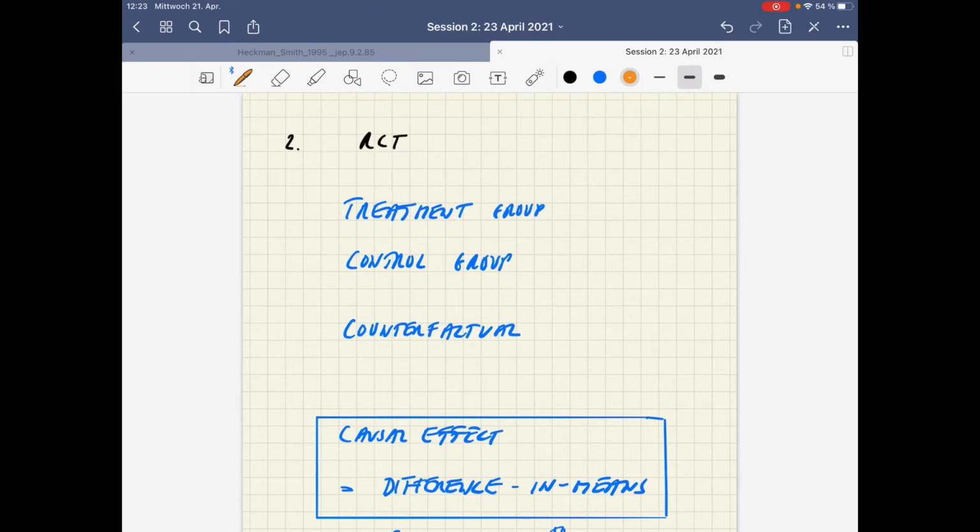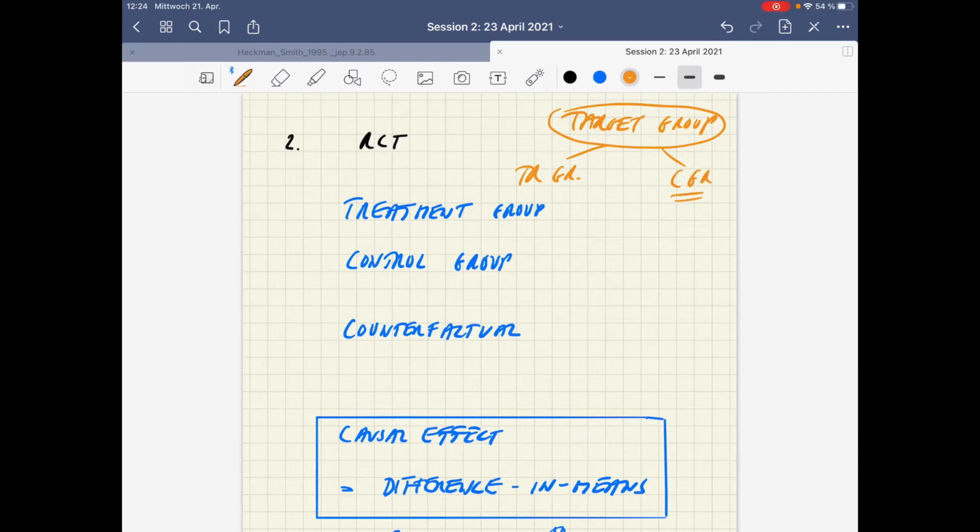So if you look at a randomized controlled trial, RCT, we have a target group that has potential access to a program, and what we do by randomizing and flipping a coin is assign people to the treatment group or to the control group.